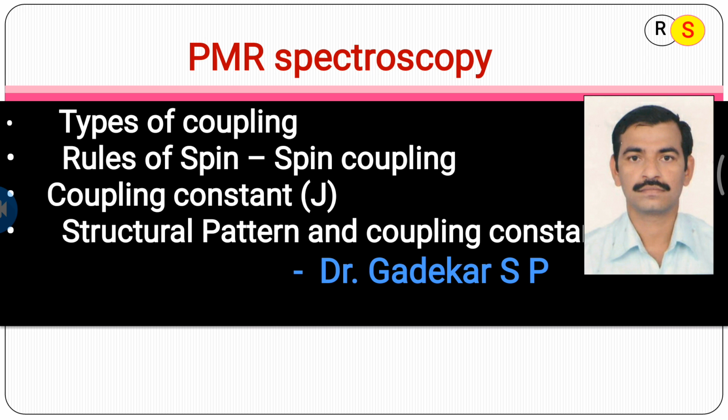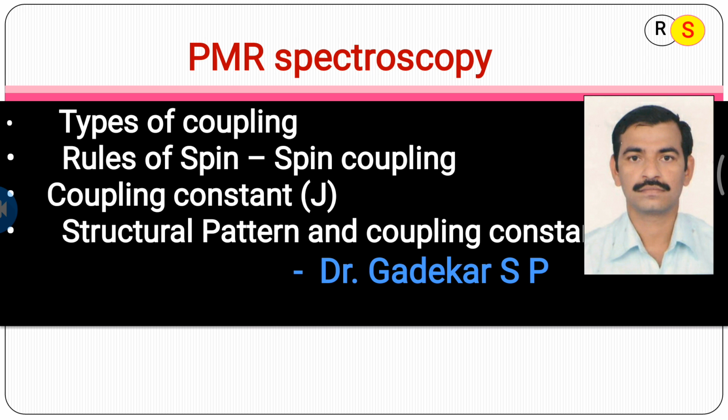Suppose HA proton interacts with HB. There is only one neighboring group, so n plus 1, with n equal to 1, gives 1 plus 1 equal to 2, which means HA splits into 2. If there are two neighboring groups, it splits into 3, a triplet.